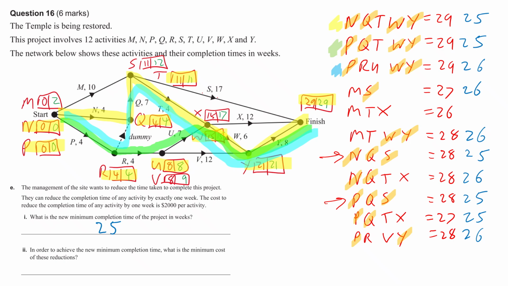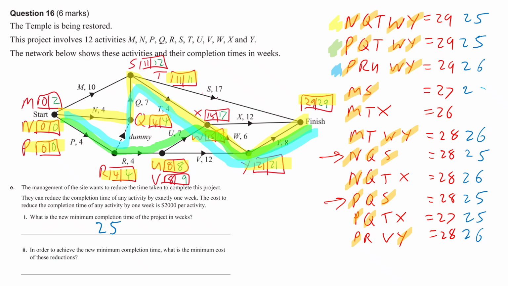We can't crash those NQS and PQS anymore, because as you can see, all three of them are highlighted orange. So we just got to try and find other things to make things down to 25. So it looks like I'm going to have to crash M by 1, because that's the only way to get the MS down to 25. Oh, wrong shade of blue.